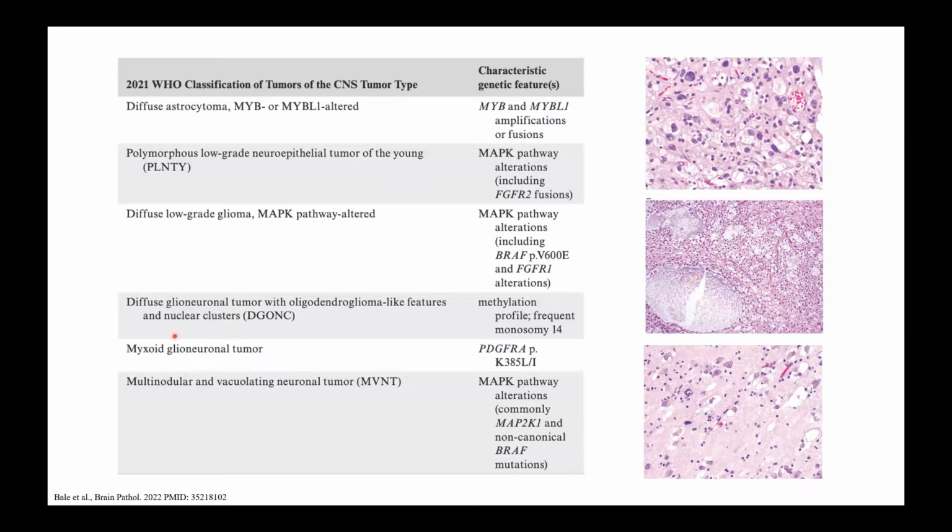So this myxoid glioneuronal tumor, for example, has a lot of features that are characteristic of a dysembryoplastic neuroepithelial tumor, but instead of occurring in a cortical location, occur more periventricular and have different genetic alterations. And then some tumors that may be more hamartomatous, such as this multinodular and vacuolating neuronal tumor that can cause epilepsy, but otherwise doesn't pose too many problems in these patients.